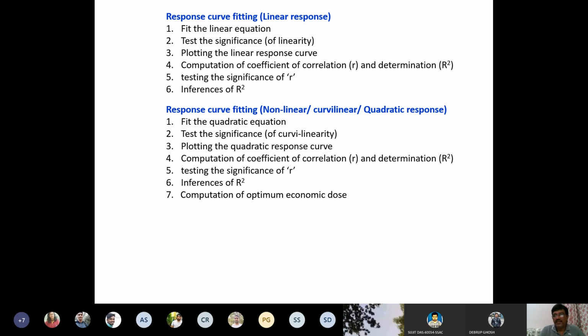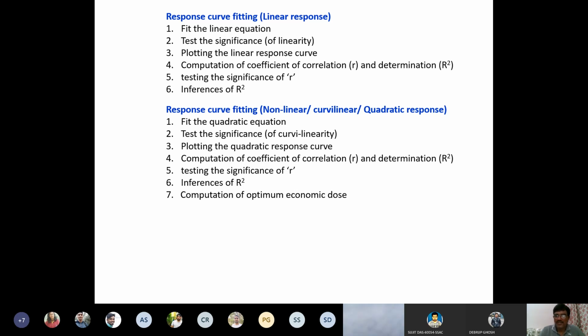And then from this data, we will compute the coefficient of correlation and coefficient of determination, and we will see how important they are, where they are important, and why we work out the correlation coefficient and coefficient of determination. What is their utility? We will see it. And then we also test the significance of the correlation coefficient.